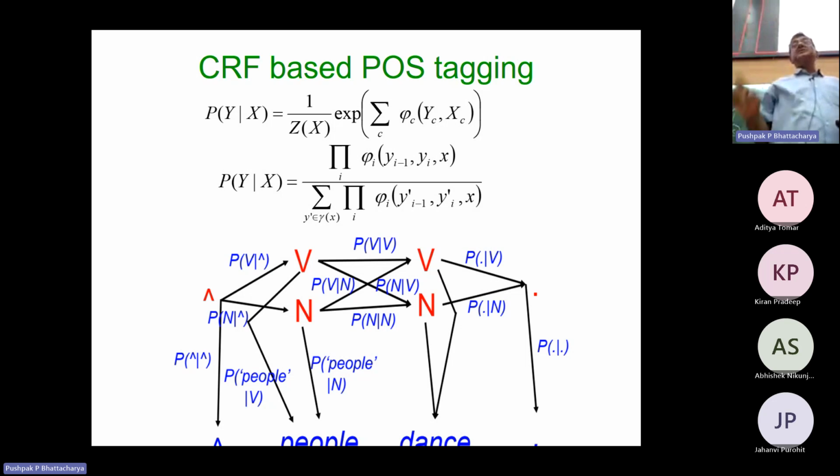And those small parts will be modeled by an exponential distribution, which is a function of features. Roughly, this is the idea. Lots of details have to be worked out for this, and the tool that you will use will help you in doing all this. But the key point is this: the transition probabilities are modeled in a different way. Let me write it down.